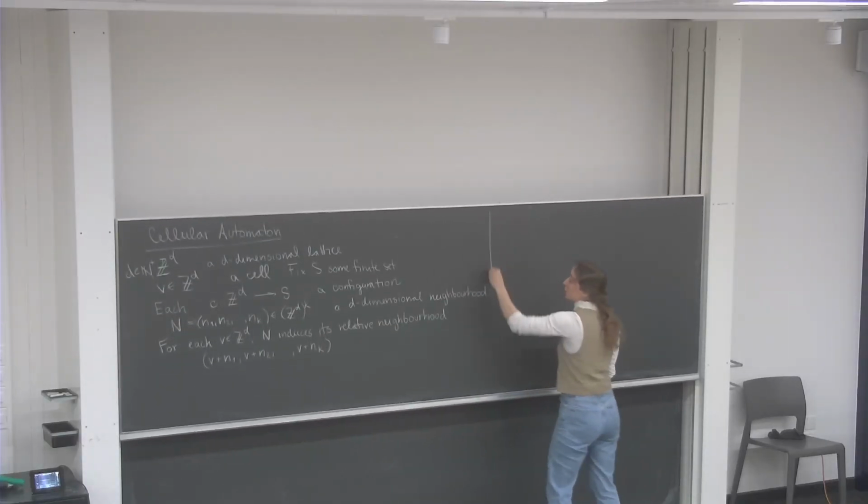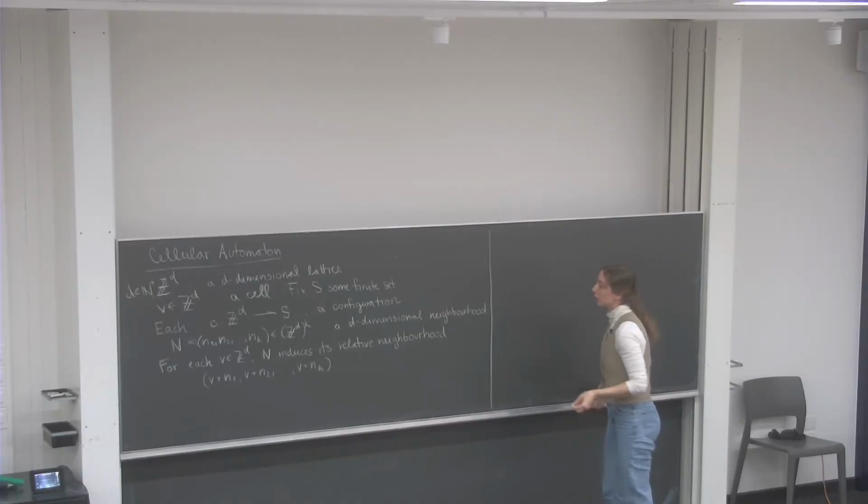so we are now ready to define what a d-dimensional cellular automaton is.